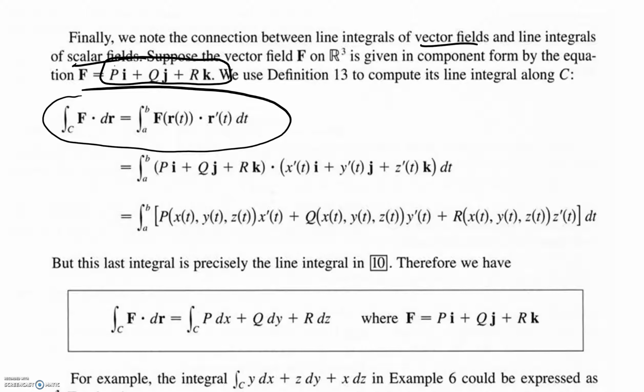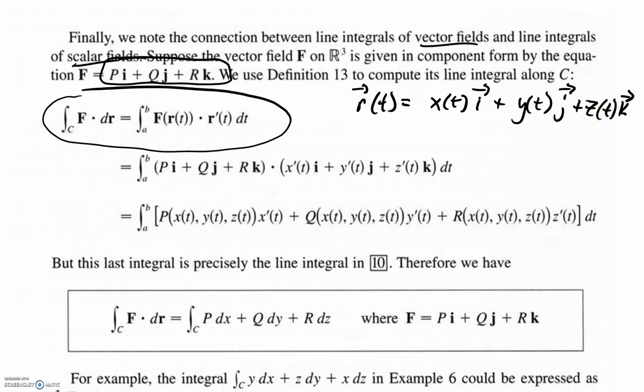And if we're going to have our dot product with r prime, remember r itself was just the parametric form: x of t times vector i plus y of t times vector j plus z of t times vector k. And as we take our derivatives, very simply, we take the derivatives of our components. r prime is just x prime of t i plus y prime of t j plus z prime of t k.